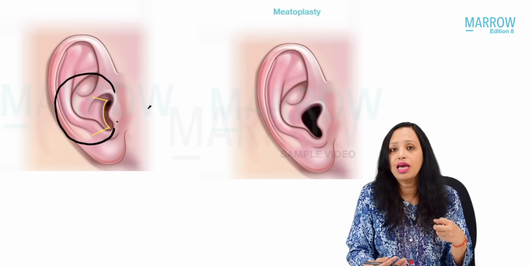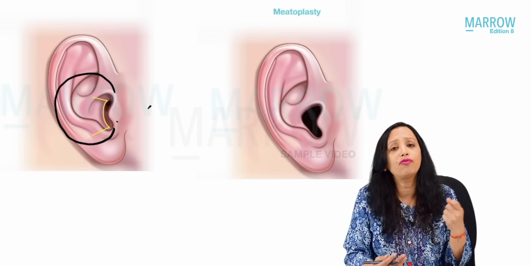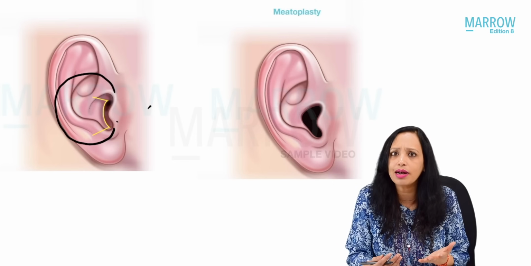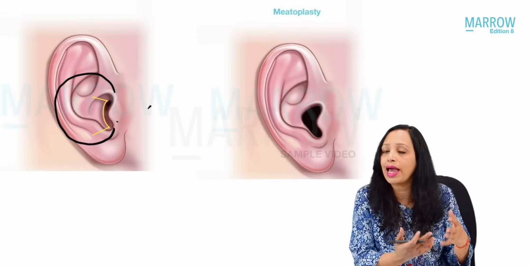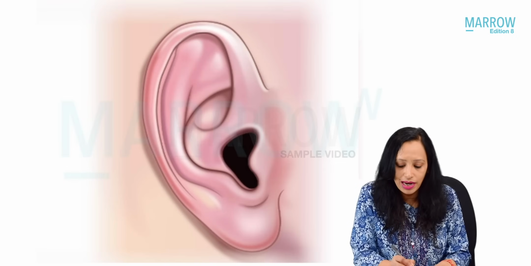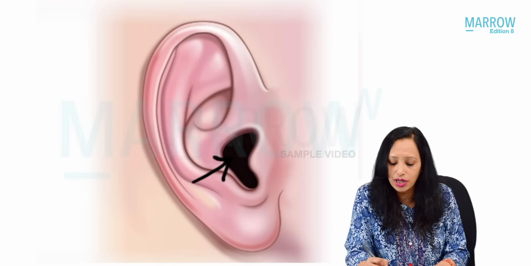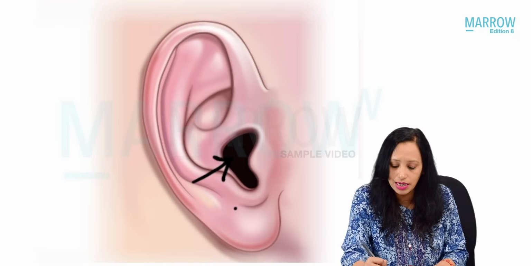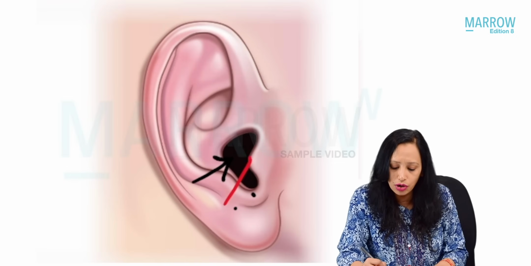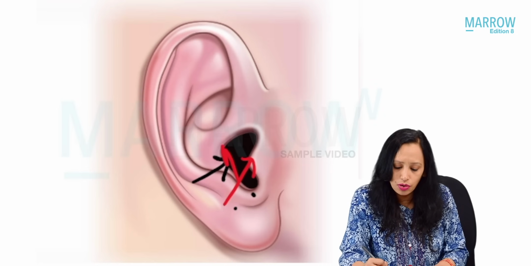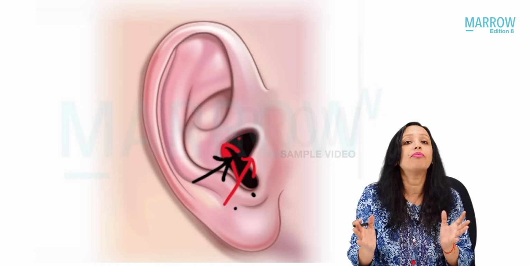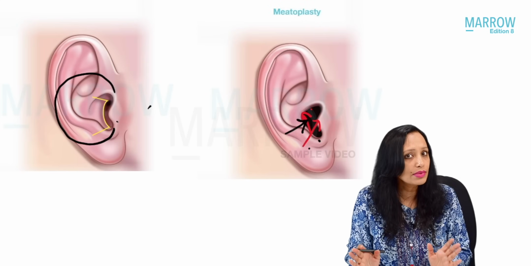Definitely in this cavity there will be collection of wax, of debris. How am I going to clean that? For that I will have to inspect that area and clean it. For that I will have to widen the meatus so that when I see through the meatus, I will be able to see not only the external auditory canal and the middle ear, but also this big cavity that I have made behind. Is that clear?